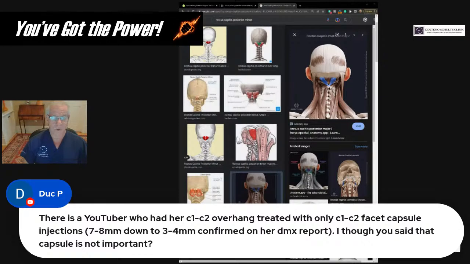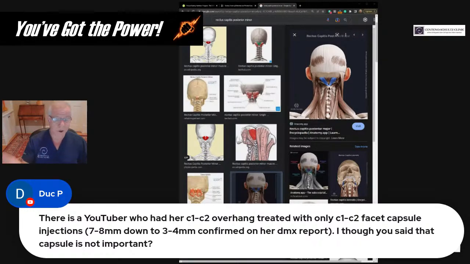And one of them now needs DMX repeated because she was told that her overhang was better. But when I looked at the second overhang, so for the first overhang, this is her head, and her head goes way over around 50 degrees. But for the second one that presumably showed improvement, her head went over only about that far to, let's say, 30 degrees.